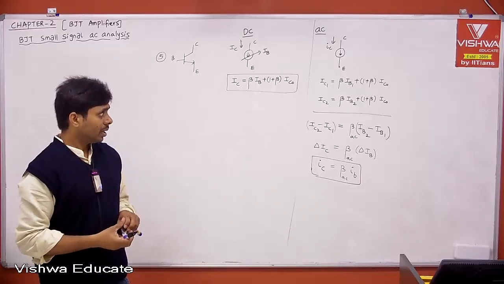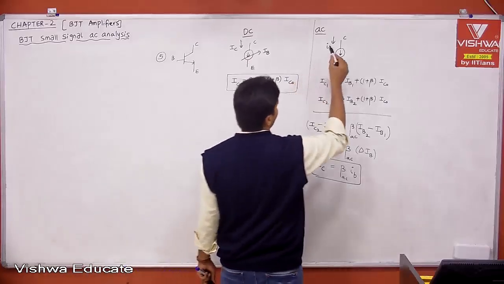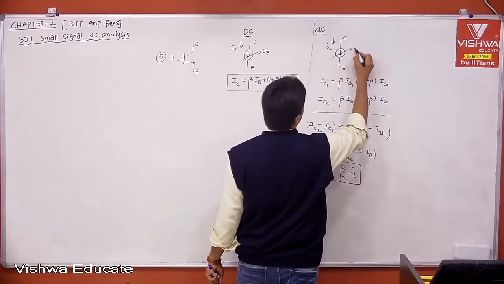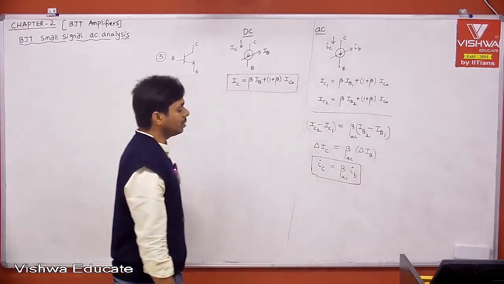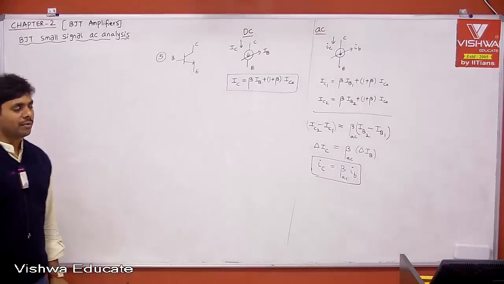That is the reason why I have represented the small ic, but this is controlled by small ib. But what is that relation? Small ic is equal to beta into small ib. I hope everybody understood.